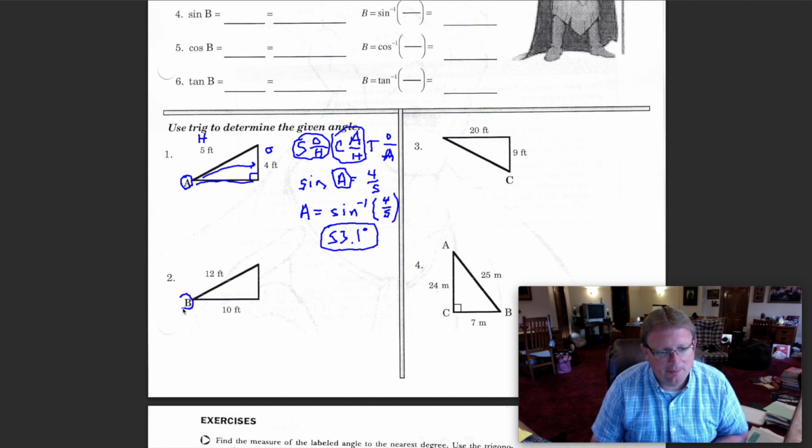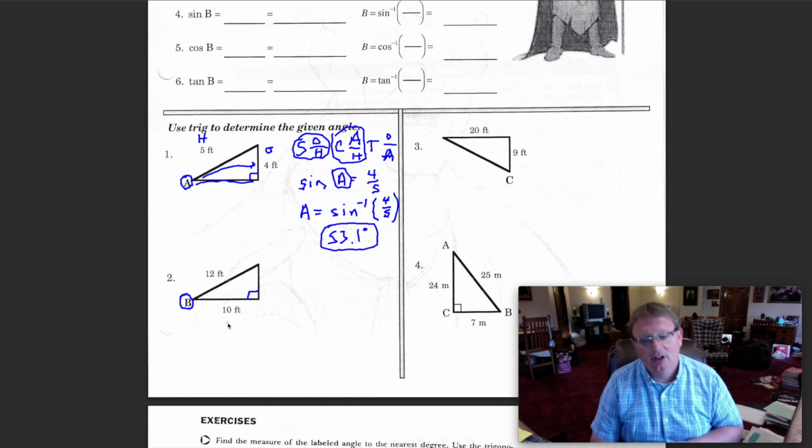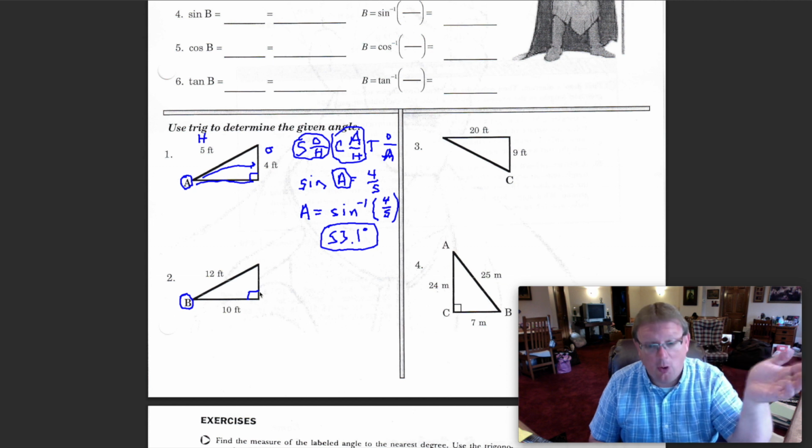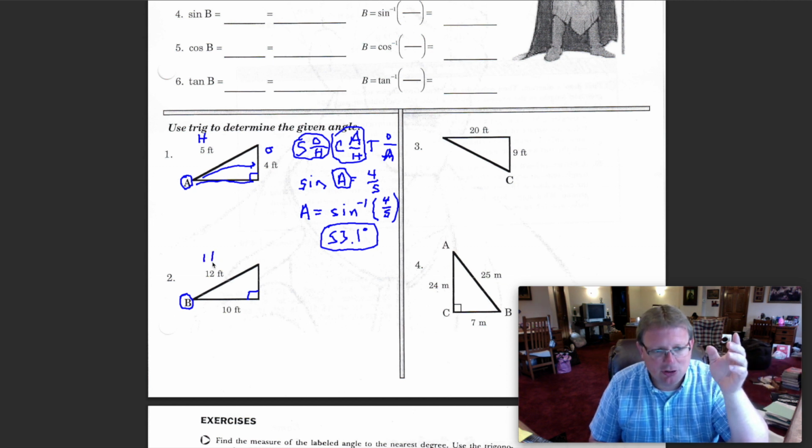We're at angle B. The hardest thing is to decide whether we're using sine, cosine, or tangent. Do I have O and H, A and H, or O and A? So Ethan, what would it be? Yeah, this is my H. So my two legs, is this the opposite leg or the adjacent leg? Jack? It'd be the adjacent leg. So what is that if I have an A and H? Yes, it's cosine.